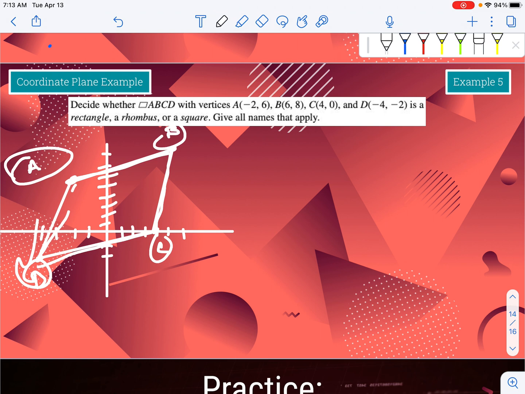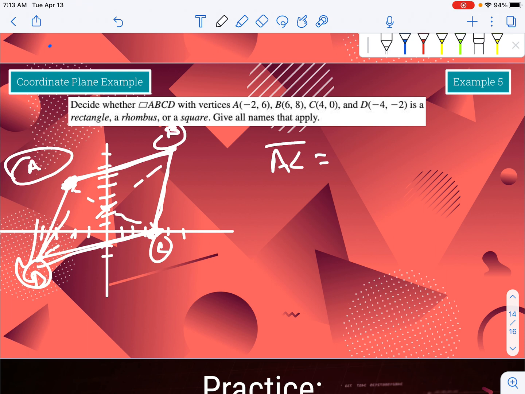So what we need to do is look at the lengths of the diagonals. The first thing we would want to do is look at the length of AC and use the distance formula to find it. At this point, we've done the distance formula enough that I am not going to go through it.